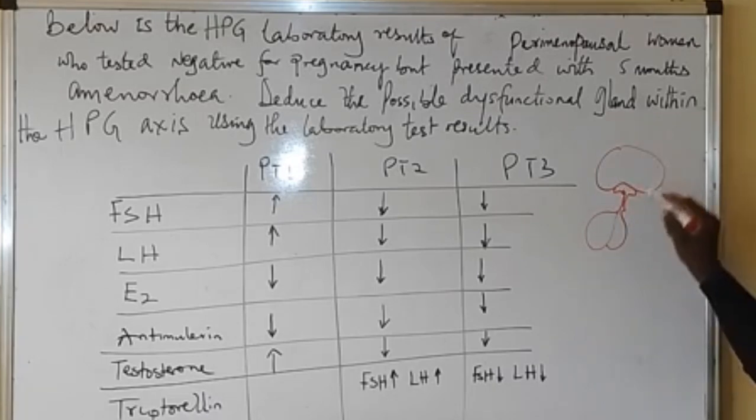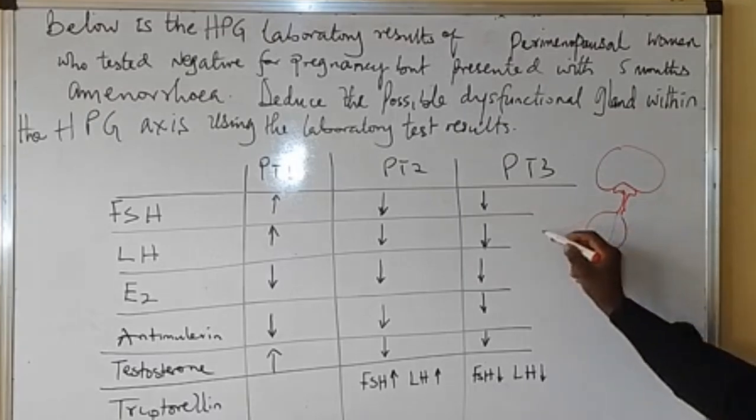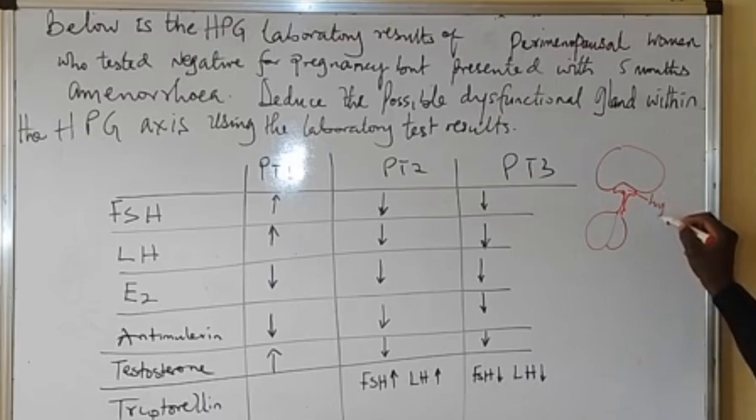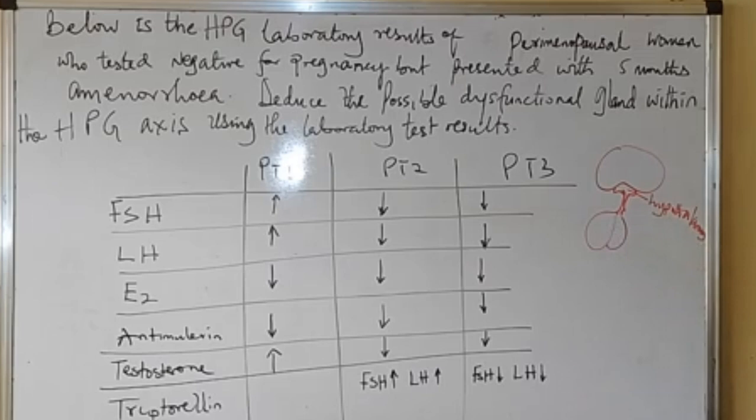This is the hypophyseal portal system, the blood vessel connecting the hypothalamus to the pituitary gland.